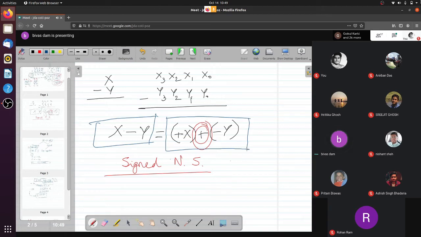If I can perform this operation, then only can I realize subtraction using the addition scheme. There is a positive x and a negative y. These two I am going to add, which will lead to the result of x minus y. Yes?